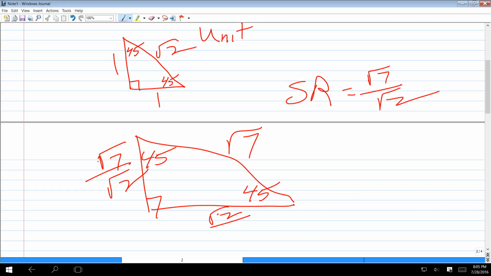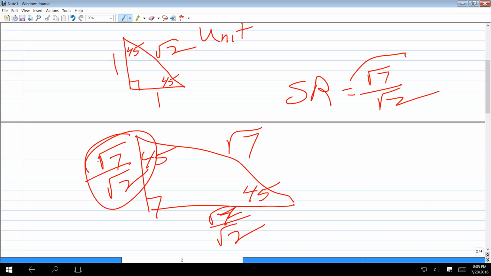Okay. What's wrong with those answers? That's correct. In other words, if you put that into a calculator, that'll be the right answer. But there's something wrong with that answer. What is it? You have a radical in the denominator.